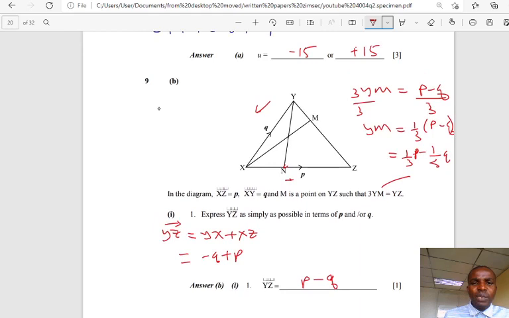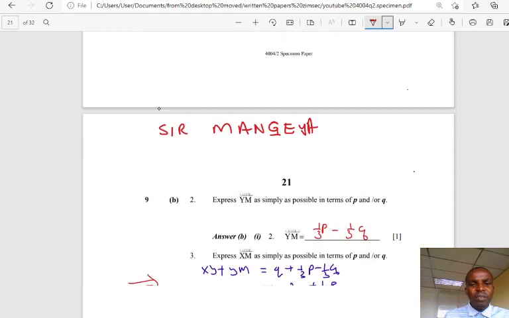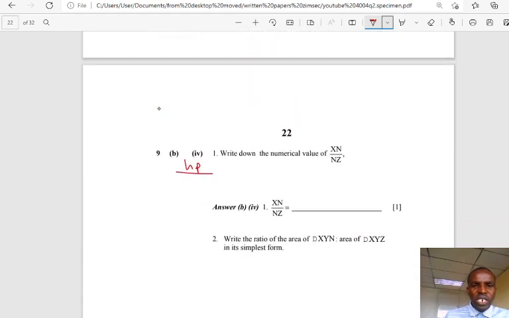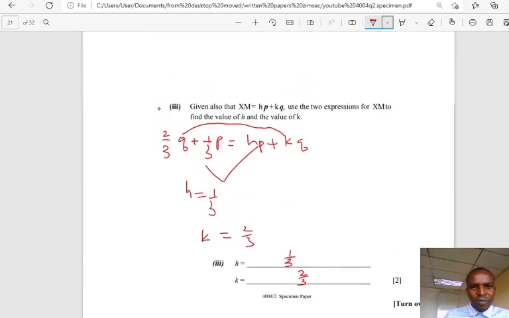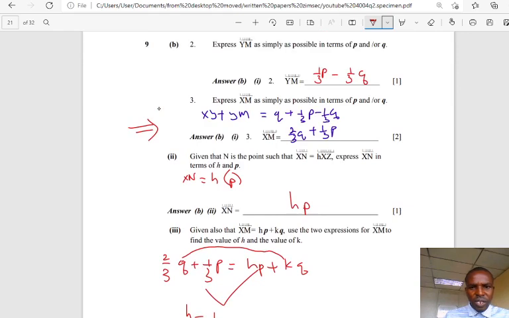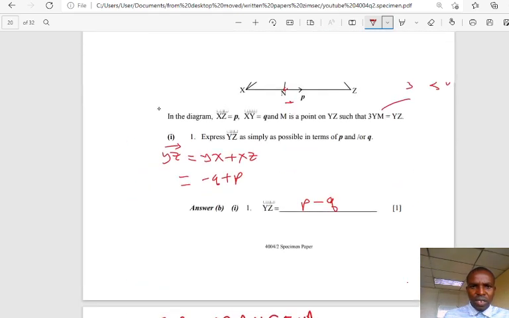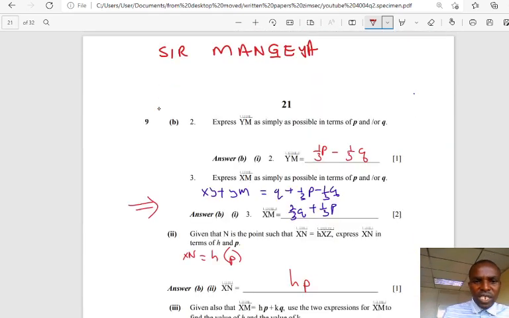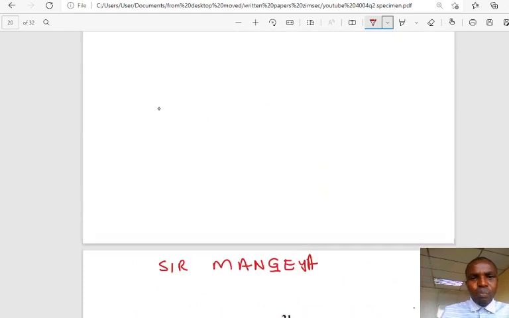Or you can say nx plus xy plus yz. Do you have those things? You go with the route that has values that are given. Let's check ny or yn. All right, so let's just use xn. Xn is given, let me write it here, is hp.